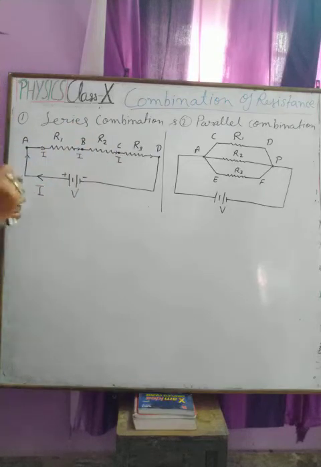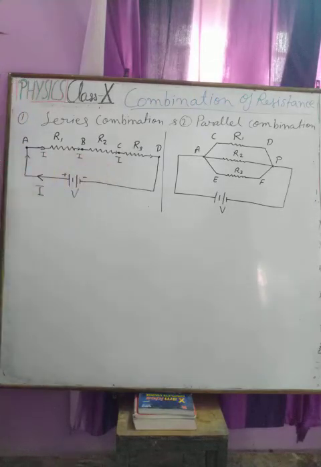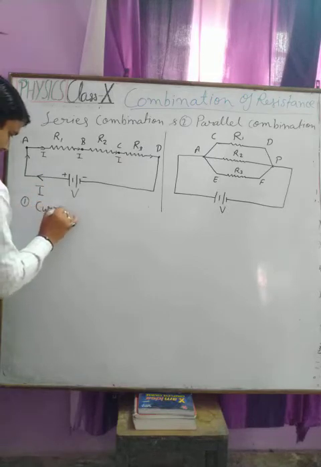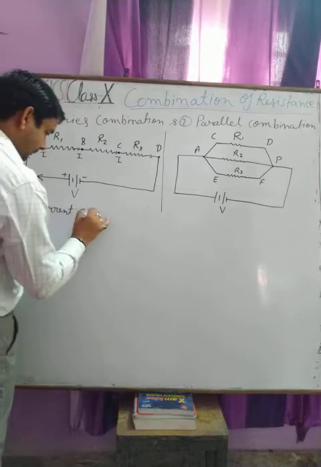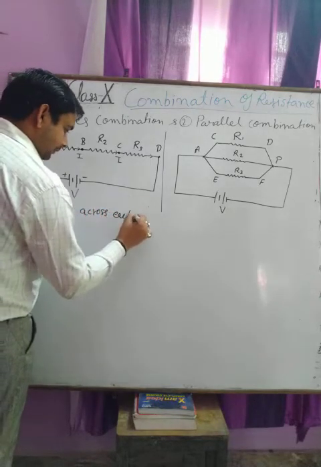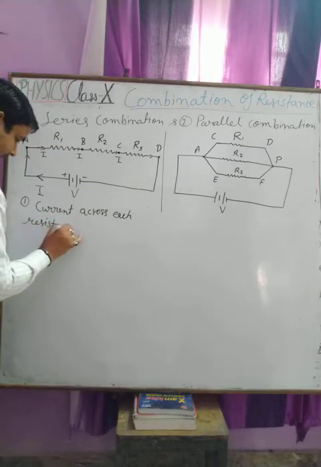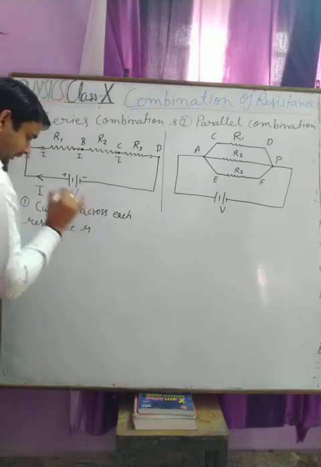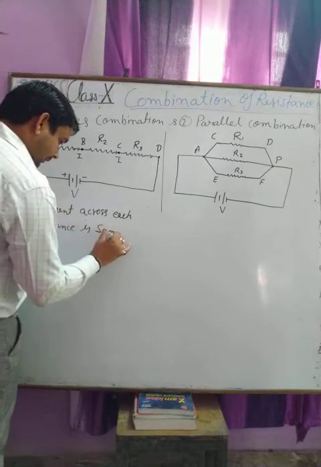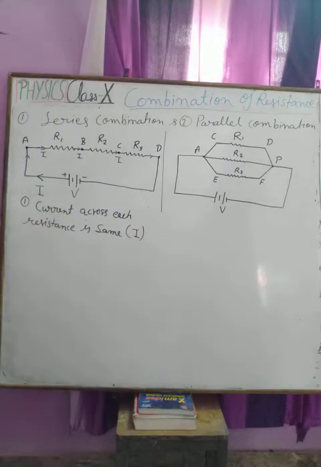Now the second rule is, so we have a condition, see student. The current across each resistance is seen and the value is I. Is it clear student?